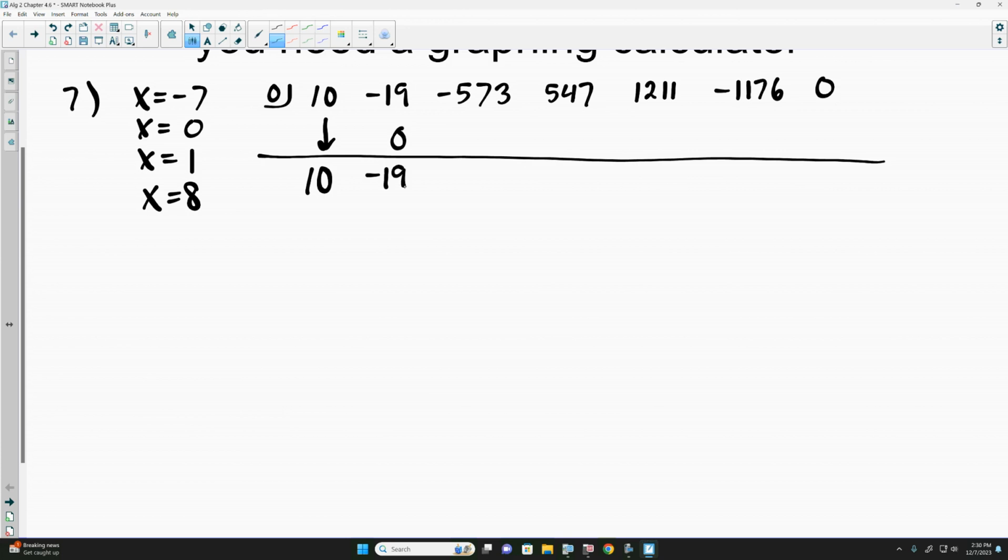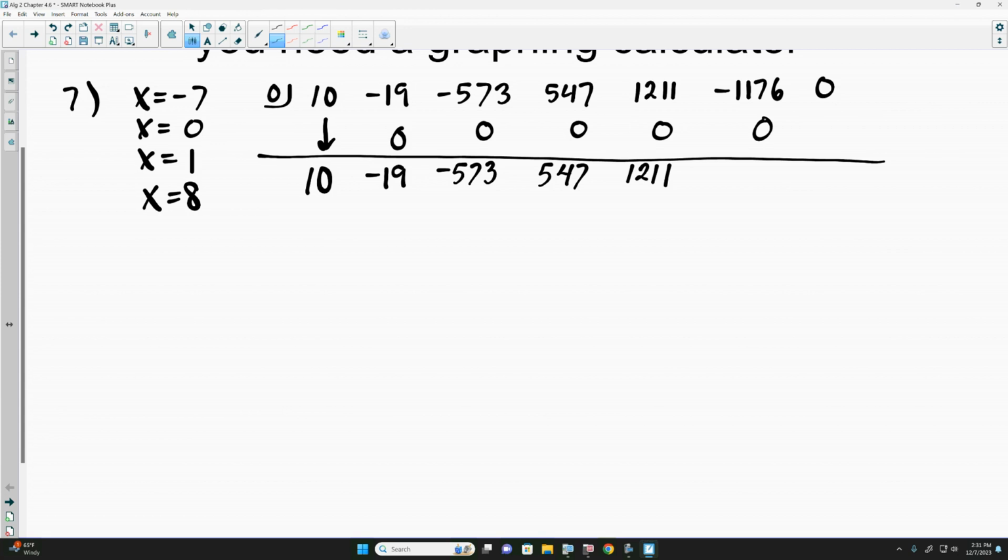-19 plus 0 is -19. 0 times -19 is 0. -573 plus 0 is -573. -573 times 0 is 0. 547 plus 0 is 547. 547 times 0 is 0. 1,211 plus 0 is 1,211.